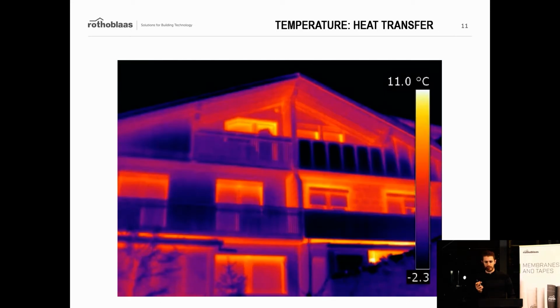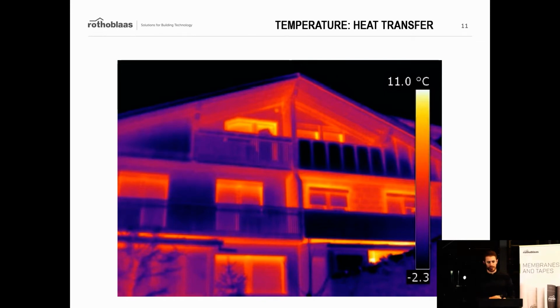So the temperature is very important, as I told you before, and this is a picture done with a thermal camera, and as you can see, the parts of our building are not always the same temperature.